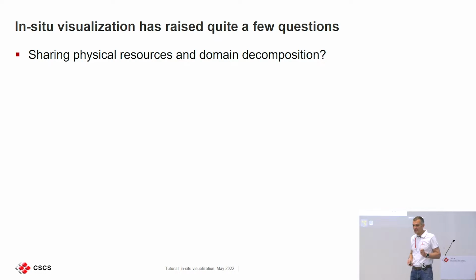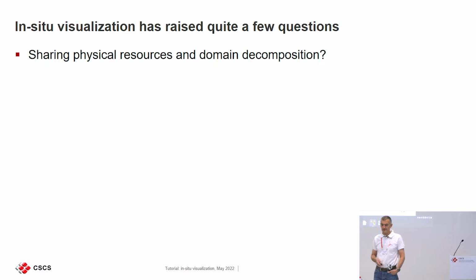All right. Now, if you've already used some in situ visualization infrastructure, you've already come across some of those questions. We're sharing the same physical resource for computation. Does that mean we share the same domain decomposition? Perhaps not. In most cases, now we see multi-processing, multi-threading, multi-everything.